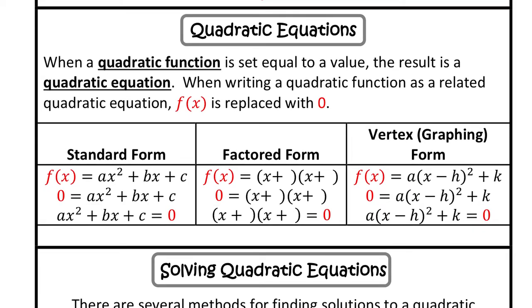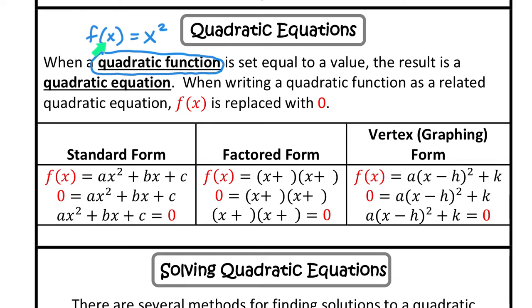So first of all, let's look at what quadratic equations look like, right? When a quadratic function is set equal to a value, the result is a quadratic equation. So a quadratic function is the one we were looking at in the last lesson: f of x equals something with x squared in it.